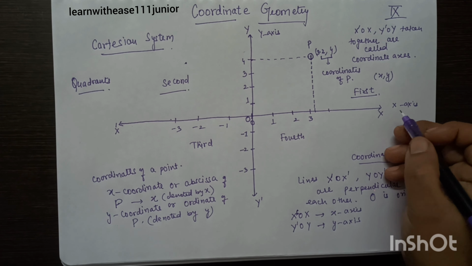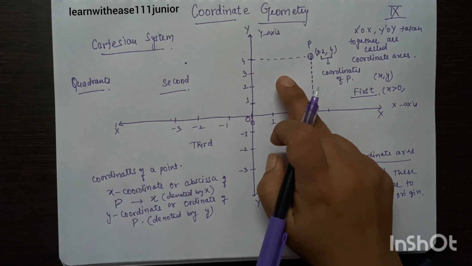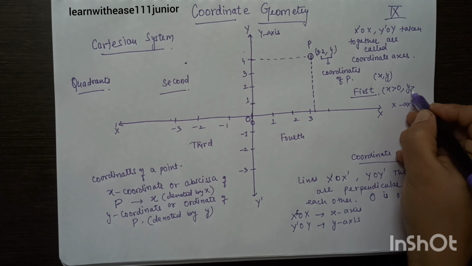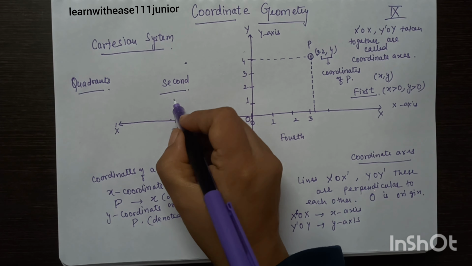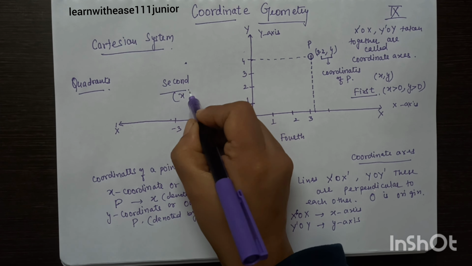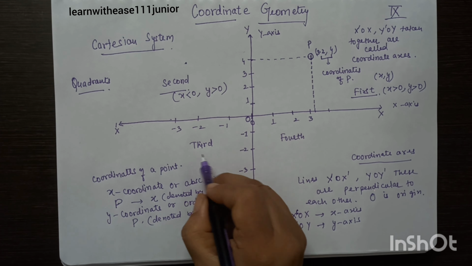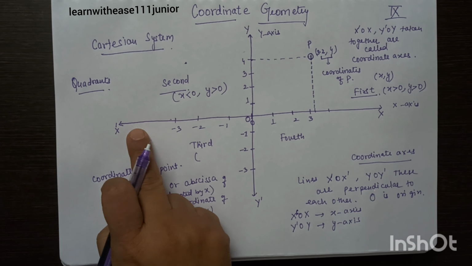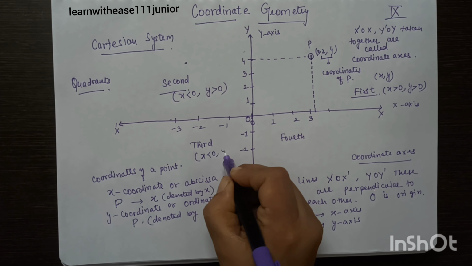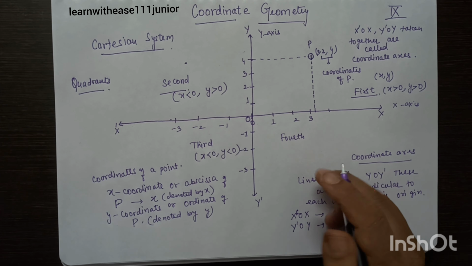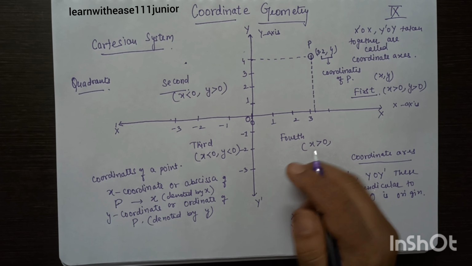In first quadrant, x is positive and y is positive. Both x and y are positive here. In second quadrant, x is negative, y is positive. In third quadrant, x is also negative, y is also negative. And in fourth quadrant, x is positive, y is negative.